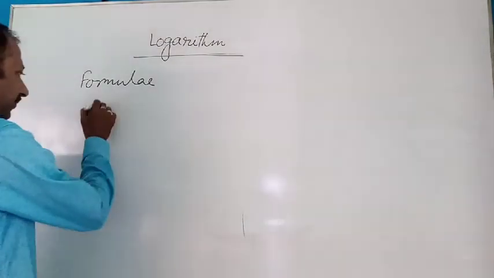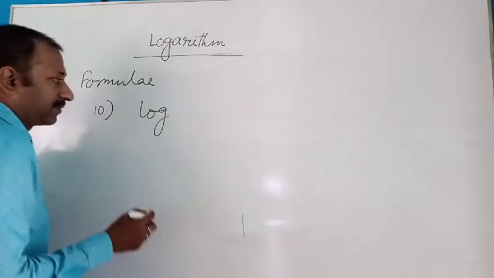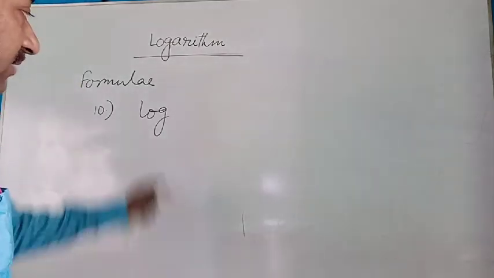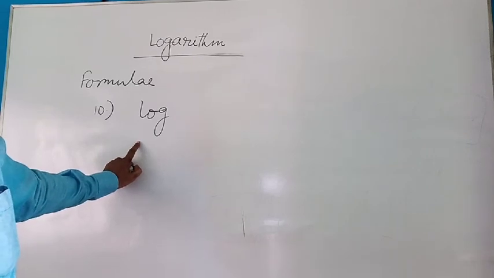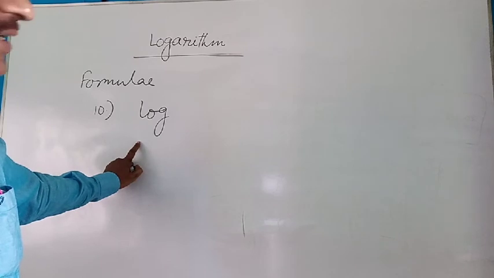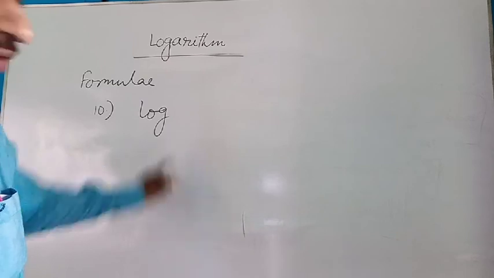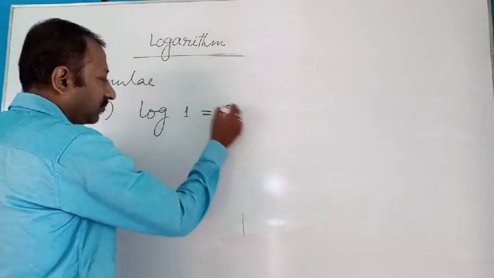Next, number 10. Remember this: if we do not mention any base while writing the log, it is implied that the base is considered to be 10. So log 1, the answer is 0.